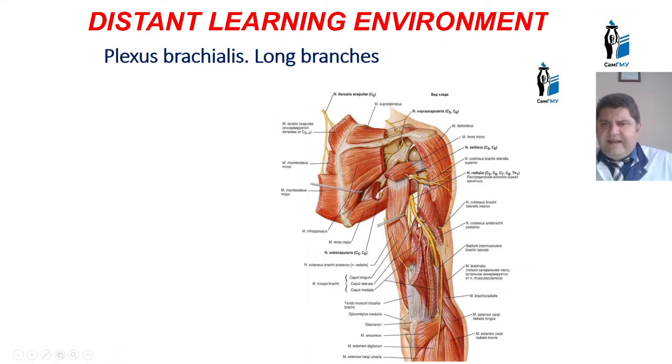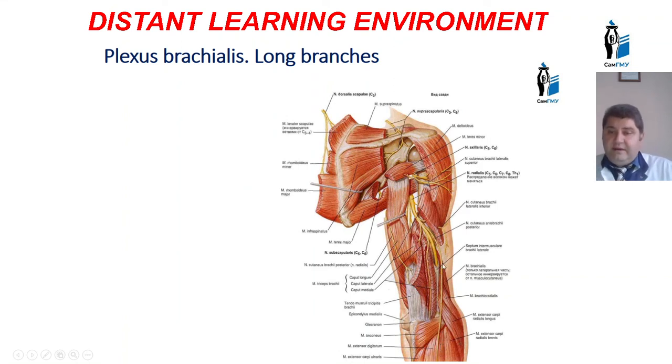Also, you can see that this nerve passes inside this canal with the deep or profunda brachii artery and veins. And you may see that this nerve gives branches for the triceps muscle, also for the anconeus muscle, and before entering this canal, it gives a branch to the posterior side of the antebrachium.